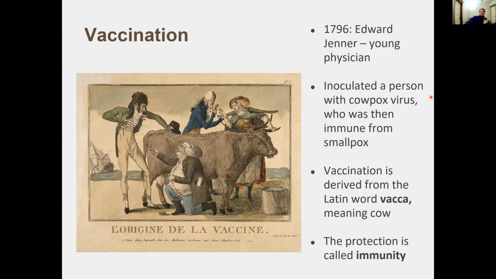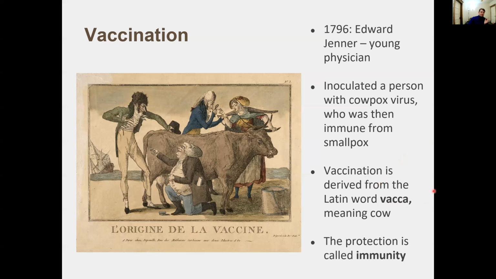So again, not ethical, not the way he should have done it. But luckily, his work then led to this boy becoming immune to cowpox, and that's what led to vaccination. This is why vaccination comes from the Latin word vacca, which means cow.